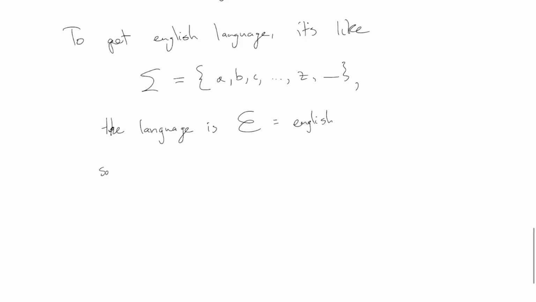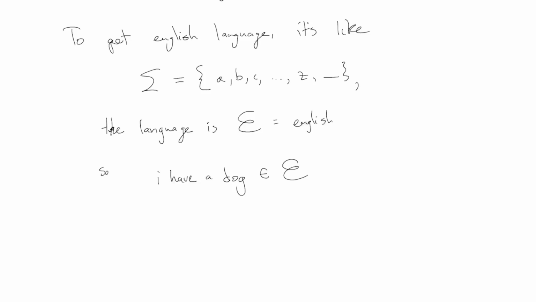So remember, the meaning of the word language for us is that a language is a set of allowable strings, where allowable in this case means it's an actual sentence in English. So for instance, the string "I have a dog" is an element of the set E, where the set E is the set of all legal sentences in the English language. All right?